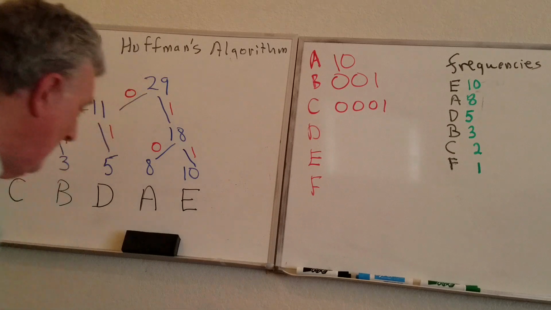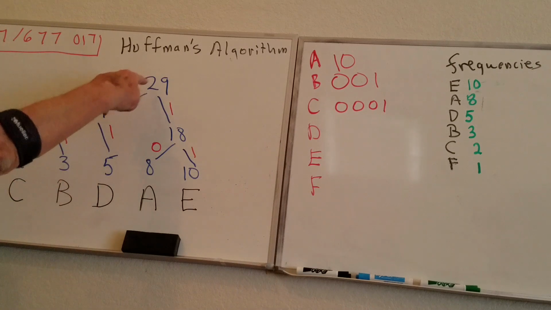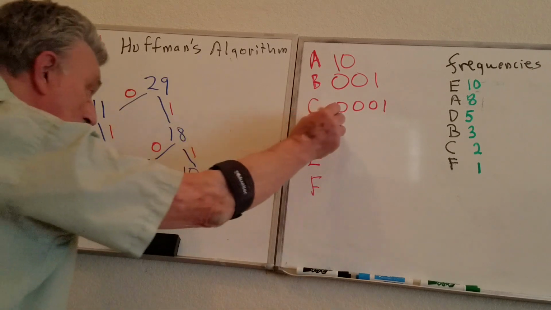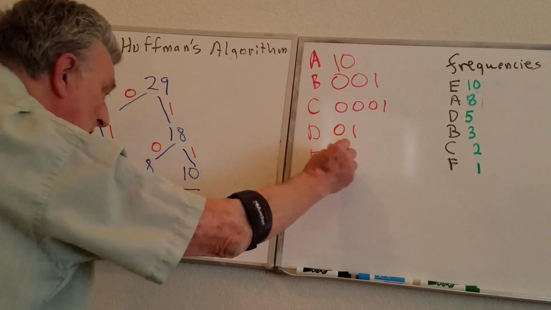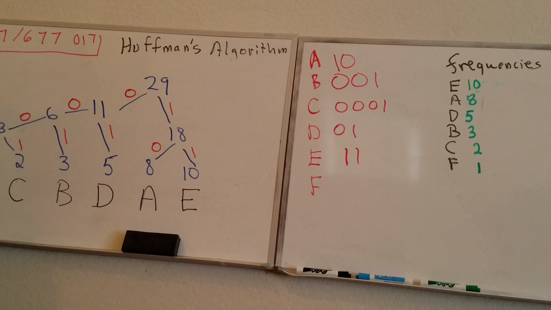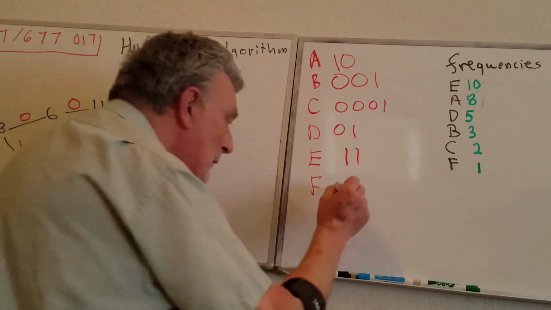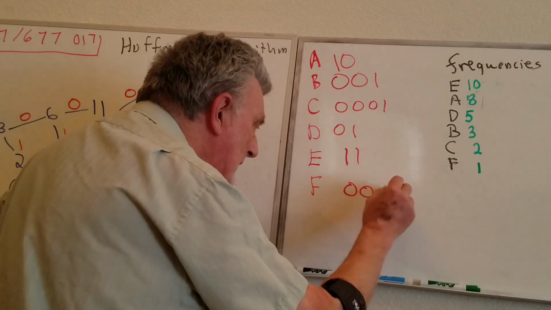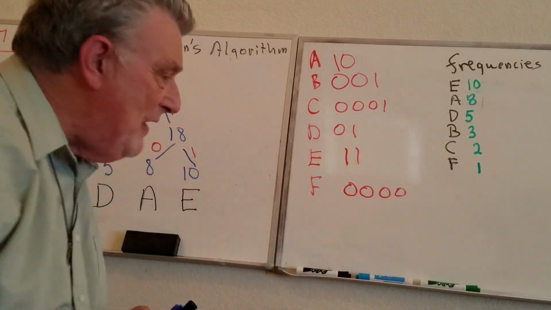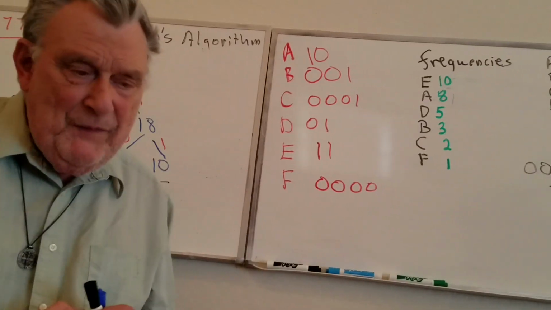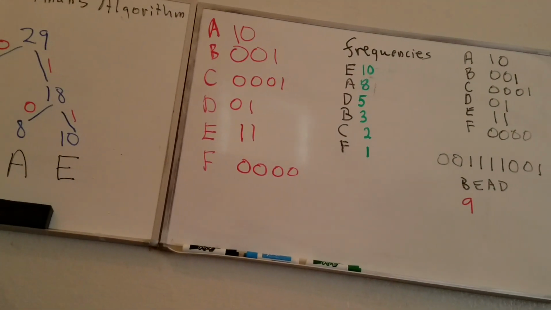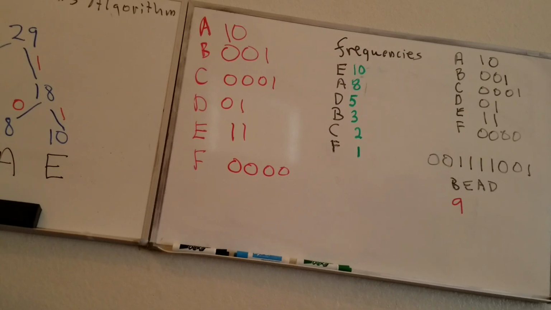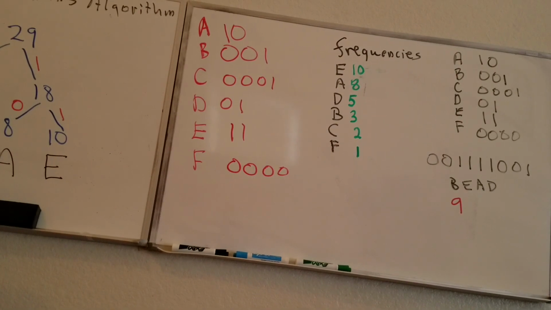And D would be 0, 1. And E would be 1, 1. While F would be 0, 0, 0, 0. Well, as it turns out, that's exactly the code that I put up before, which is not a coincidence, because I first drew this tree and worked it out before I put those code strings up. This particular code is definitely optimal.